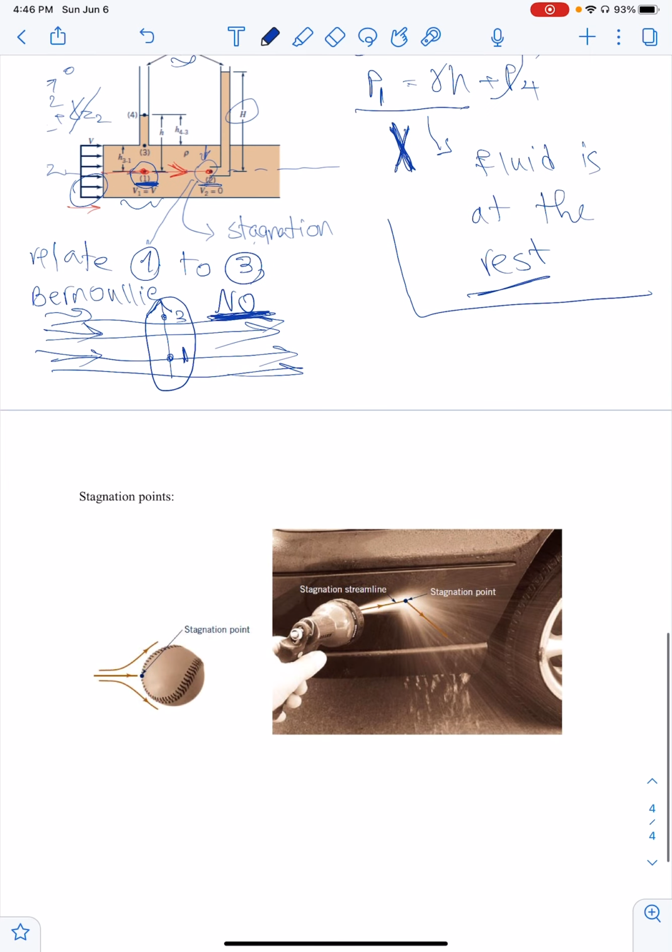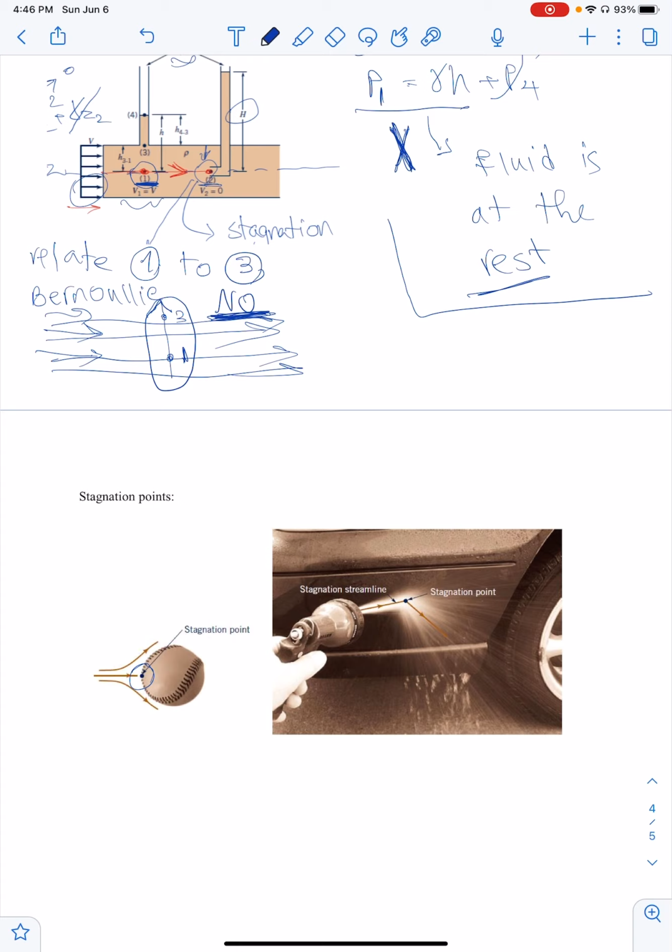And also, these are some examples of the stagnation point. If we look at the golf ball here, the stagnation point is just in front of the object. It's going to be different with other shapes.